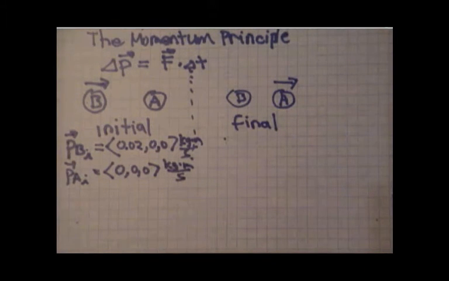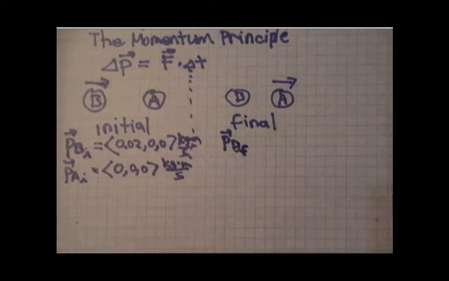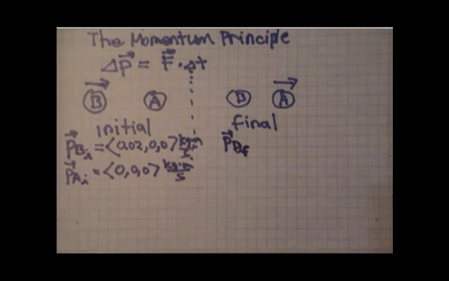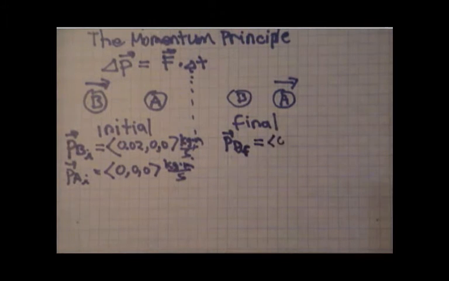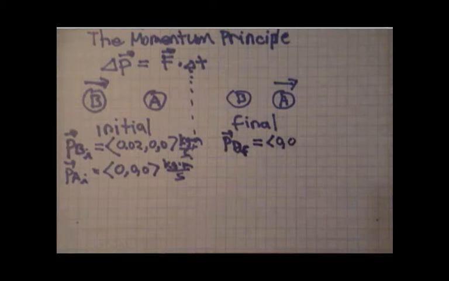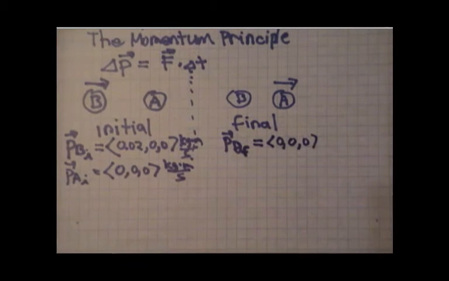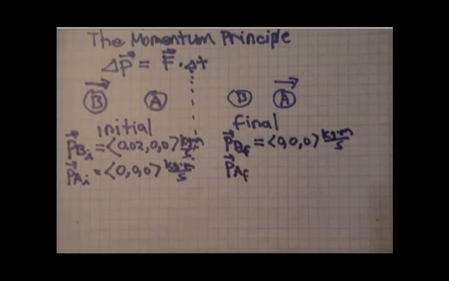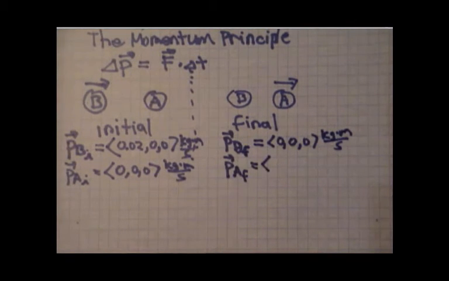After the collision, it's ball B that is stationary. So in the final state, we're going to call ball B's momentum in the final state P sub B sub F, and all three of ball B's components are 0 in the final state. And it's ball A that now has in the final state a non-zero right-going momentum.